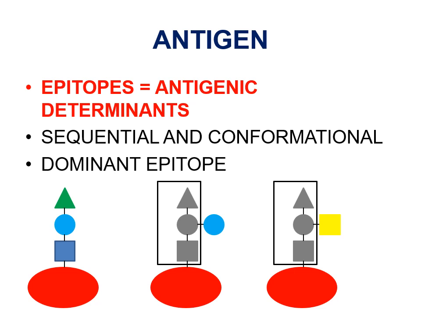They can be sequential and conformational, usually both, and there is usually one dominant epitope. It's written here that this is the dominant epitope and it can be modified, but it still triggers the immune system.